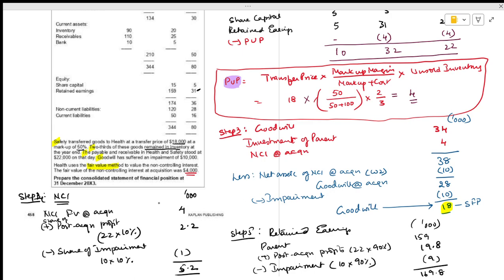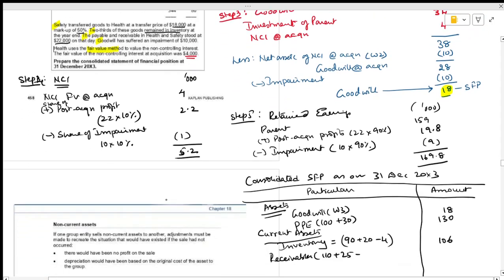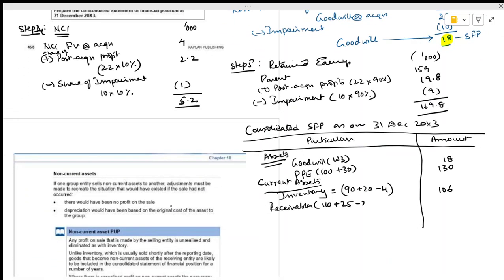Intergroup is how much? 22,000, the payable and receivable. 22. Okay. So 110 plus 25 minus 22 gives 113. Is it right? Yes.